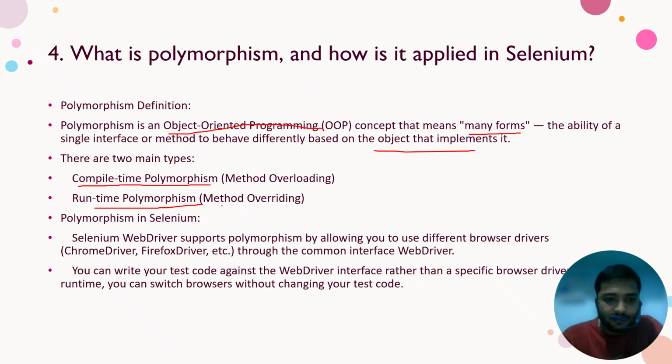In Selenium, WebDriver supports polymorphism by allowing you to use different drivers like ChromeDriver, Firefox, and Edge through the common WebDriver interface. You write your test code against the WebDriver interface rather than a specific browser, and you can switch the browser without changing your test case.